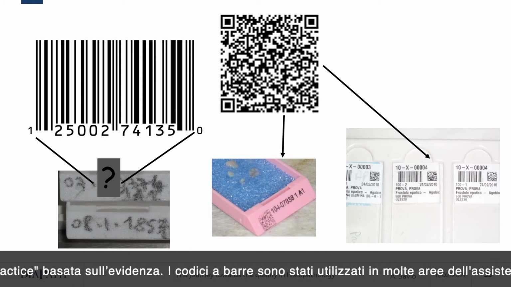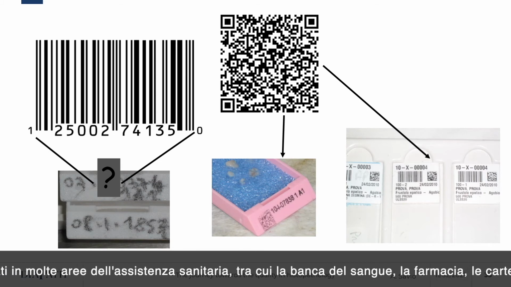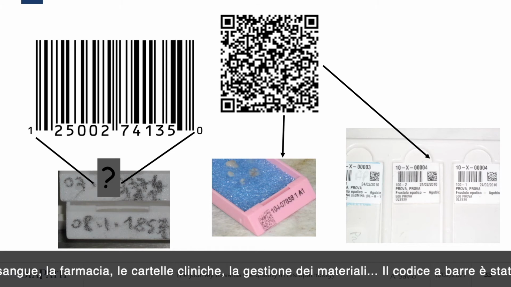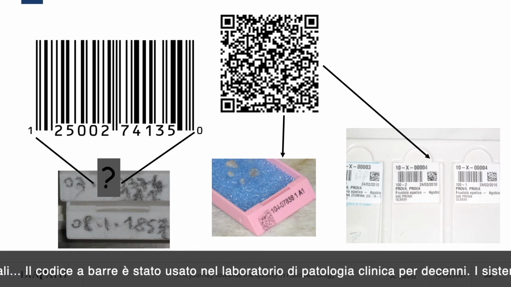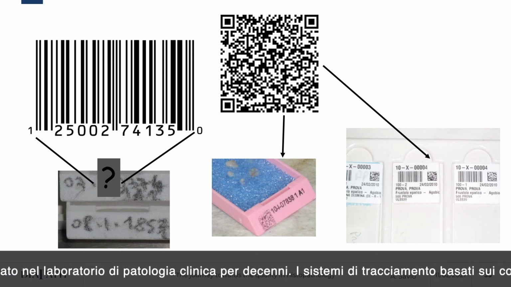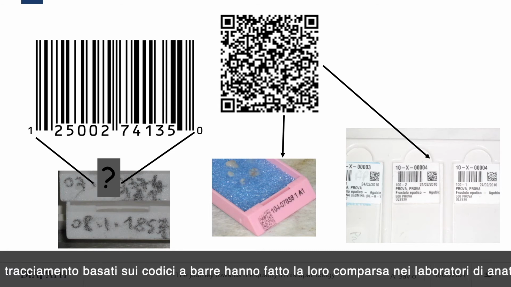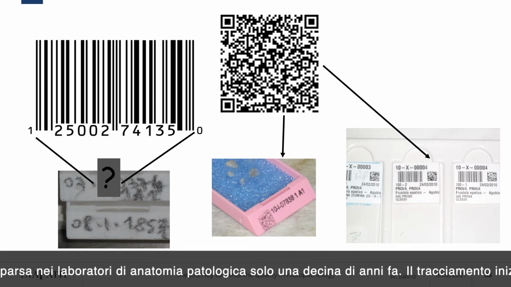Barcodes have been used in many areas of healthcare, including the blood bank, pharmacy, medical records, materials management. Barcoding has been used in the clinical pathology laboratory for decades. Barcode-based tracking systems have made their appearance in surgical pathology laboratories only about 10 years ago.